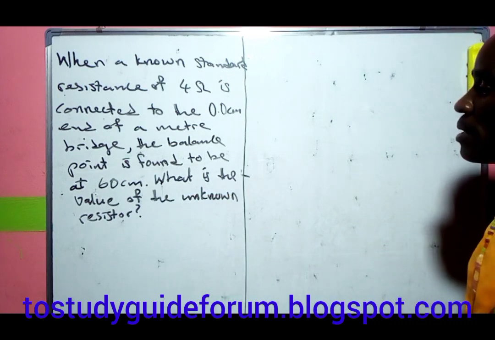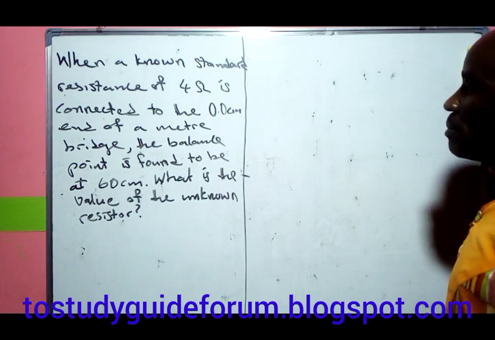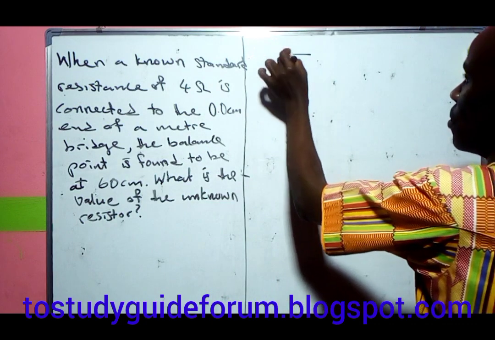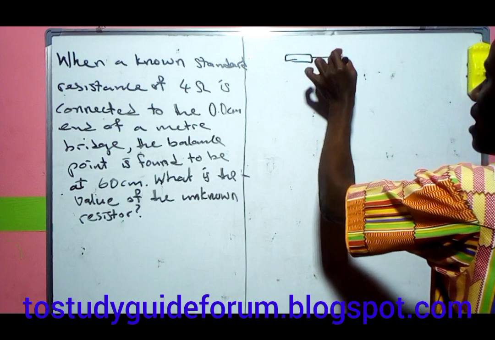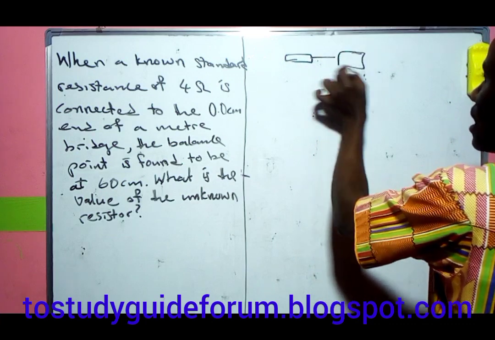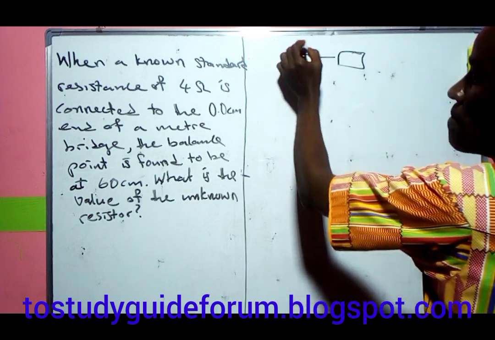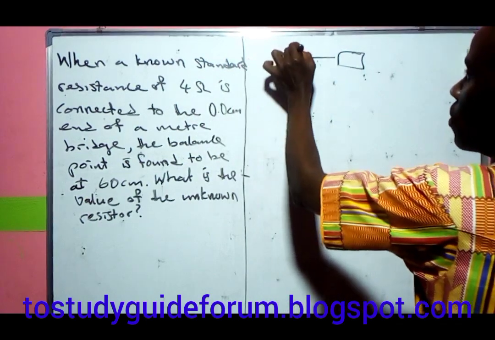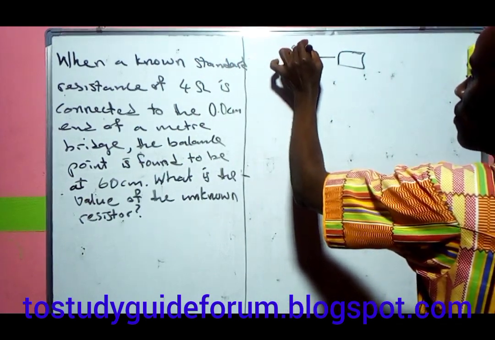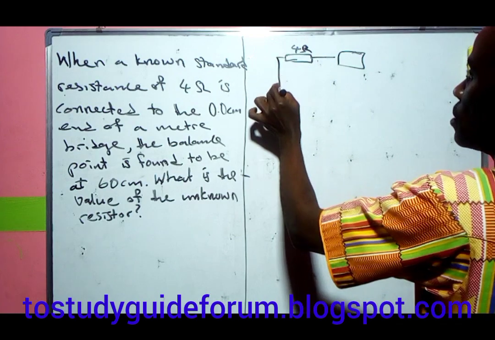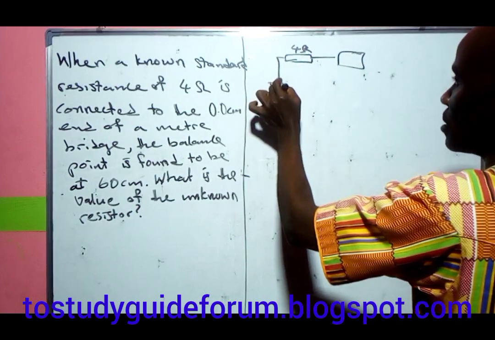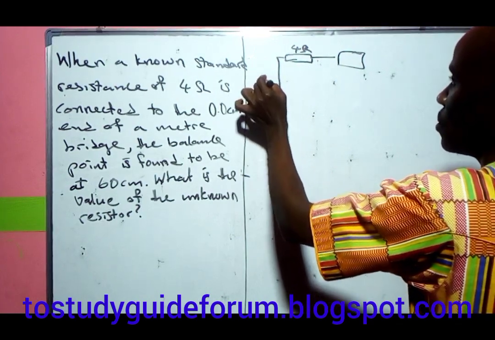So here, if we are to make a drawing of it, let me just see how far I can go with making the sketch of that. We have something that will look like this. Say that the standard resistor is 4 ohms. This is the zero end, 0.0 cm end of it.